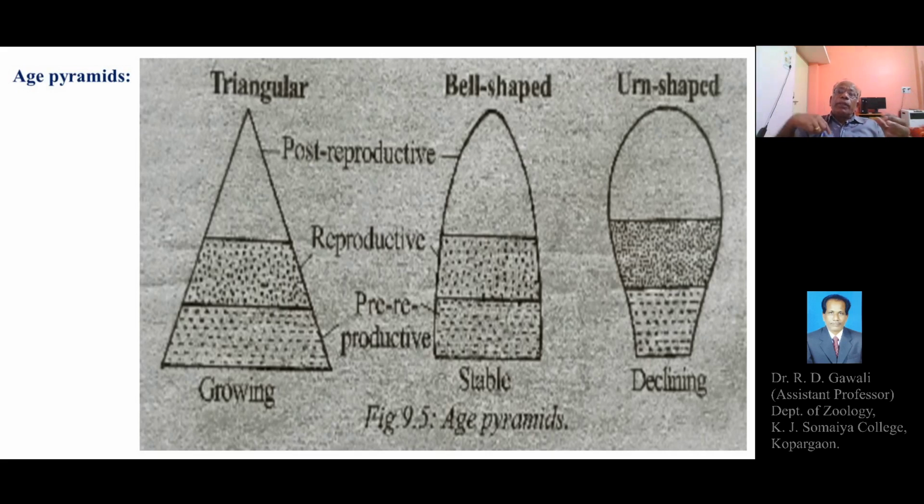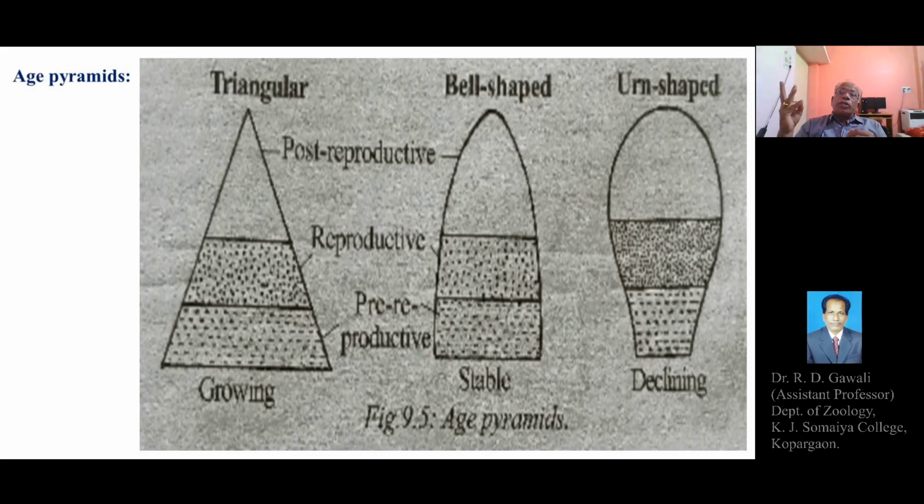So the remaining two age groups, pre-reproductive may be only 20%, and reproductive may be up to 30%, the total of which will be 50%, suppose.